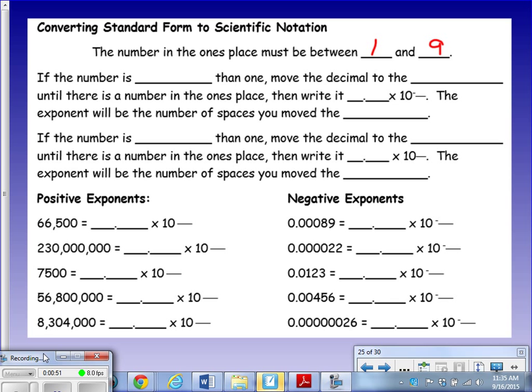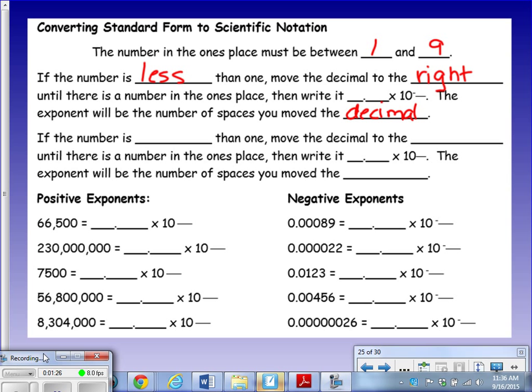Now, if the number is less than 1, move the decimal to the right until there is a number in the ones place, and then write this number, point, any other numbers that there are, times 10 to the negative exponent. The exponent will be the number of spaces you move the decimal. Okay, if this is confusing, we're going to go over this in just a moment with the examples below.